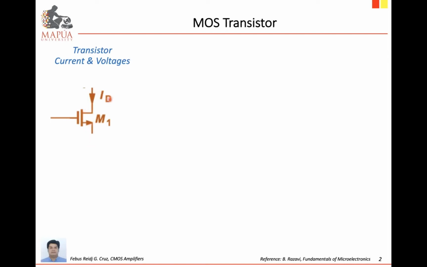So drain current and source current are equal in a MOS transistor. As for the gate current, it is considered to be zero because of the insulating oxide layer. So ID equals IS, while IG will be set to zero.